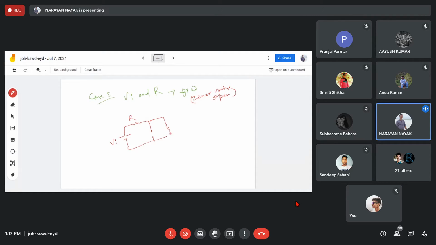So what will happen? This is RL, and the output we get is VL. Now, how to calculate the output voltage? The current will flow from here to here. In an open circuit no current will flow, so the voltage is always available here.